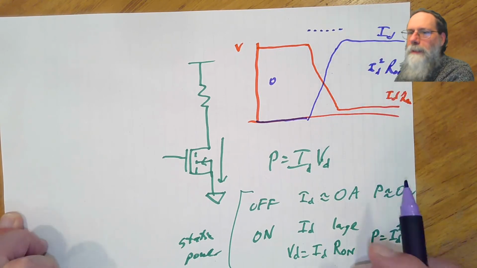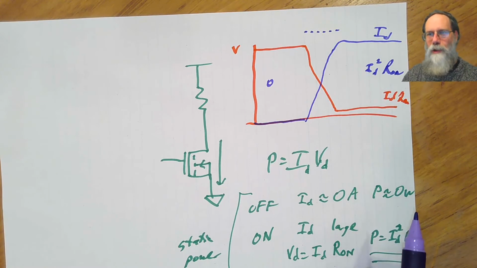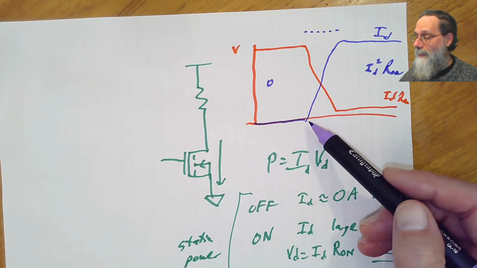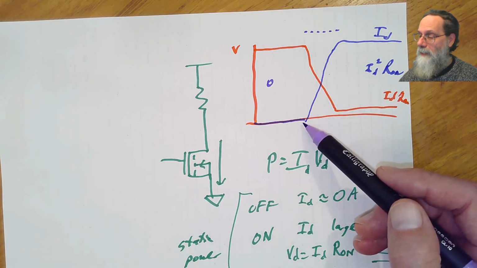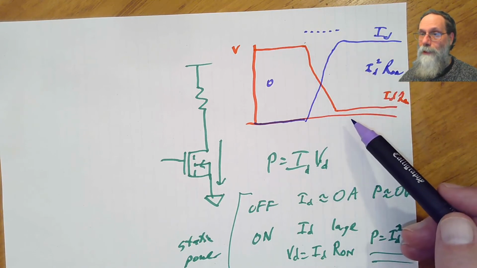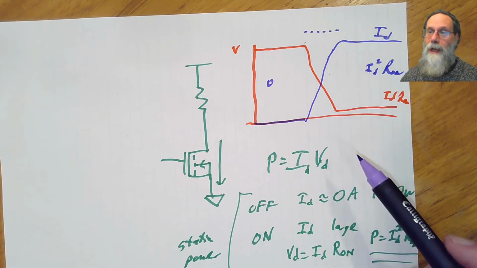But what happens in this transition region as the transistor is turning on, and the same thing happens when the transistor is turning off also. We don't go instantaneously from zero current to full current, or from the high voltage to the low voltage. It takes some time to make that transition.